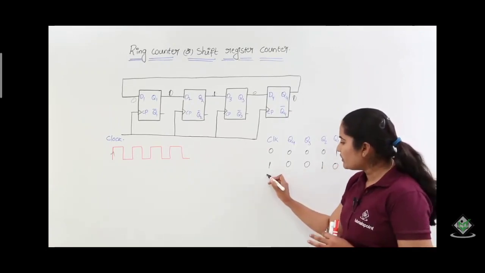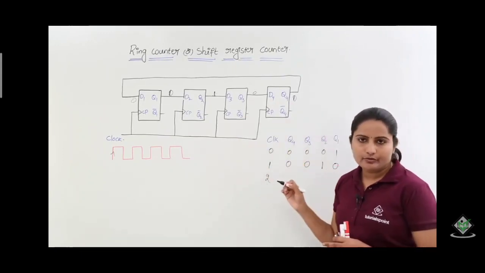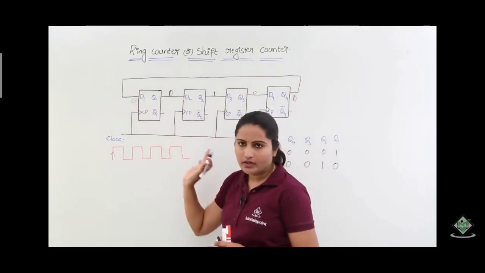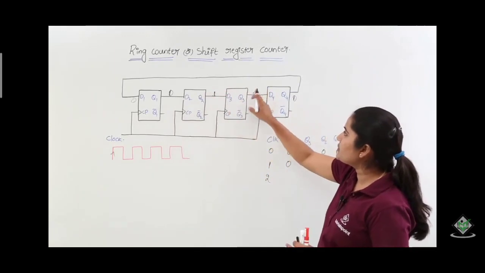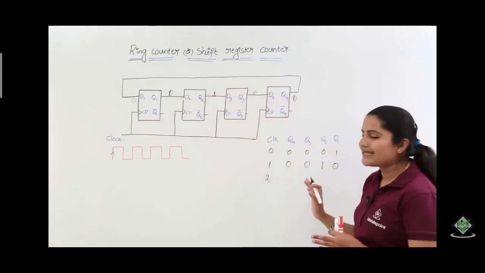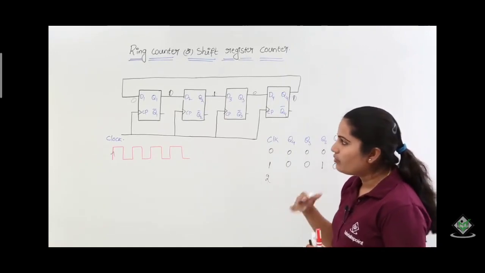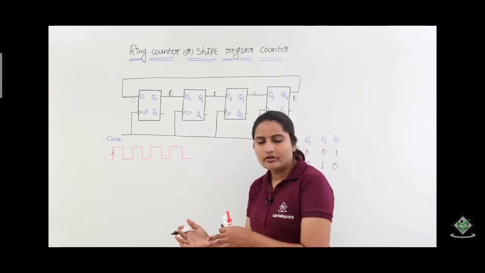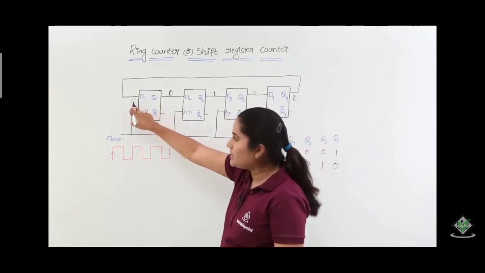Now, to give your second clock pulse, again you need to get ready with the inputs. That means whatever 0 is there, you need to take that 0 here. Okay, taken, and 0 is available here, 1 is available here, 0 is available here for the second clock pulse. So, now I have given the second clock pulse. What the D flip flop is doing is throwing whatever input is available to the output.